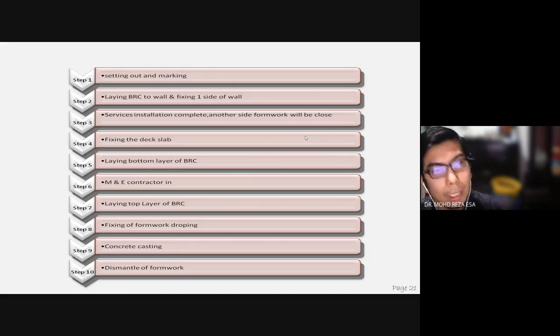And then you lay another layer of BRC, and then you make sure the formwork has been properly tight, and then barulah you pour the concrete, and after the concrete has hardened, you will dismantle the formwork lah.